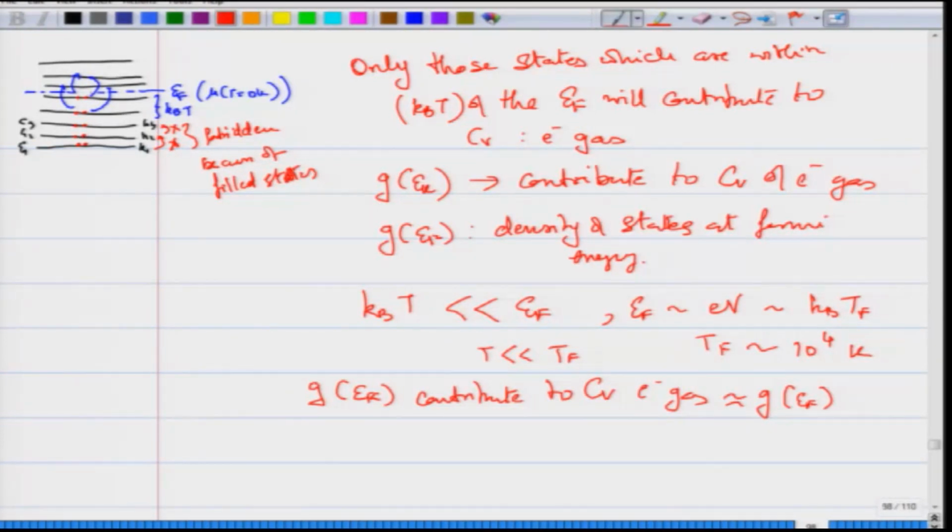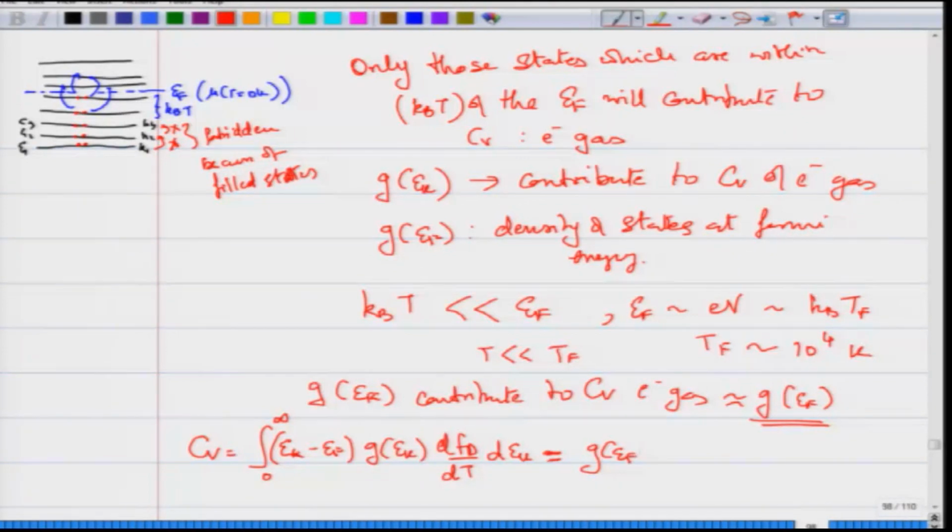The states which are very close to the Fermi energy are the ones which will contribute to the density of states, and therefore the specific heat, which is the integral from 0 to infinity of (Ek minus Ef) g(Ek) dF/dT dEk, is for all practical purposes approximately g(EF), the density of states at the Fermi energy. This was the density of states at any energy, and then you will integrate it.